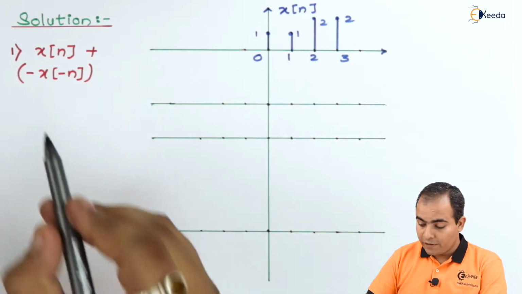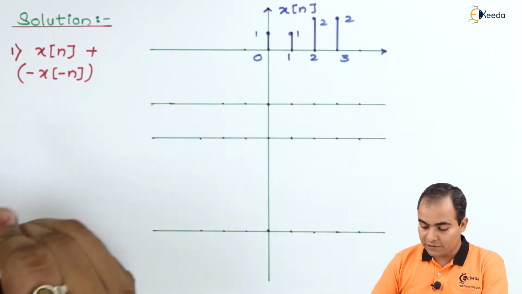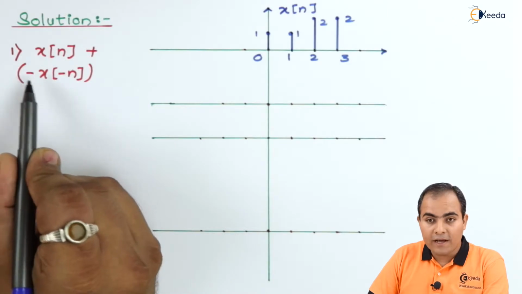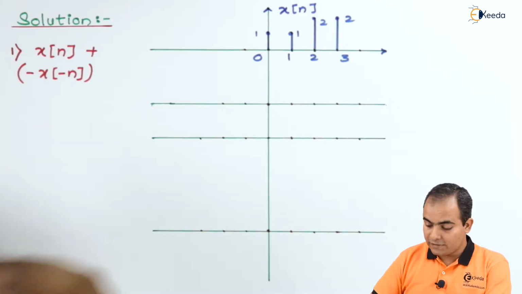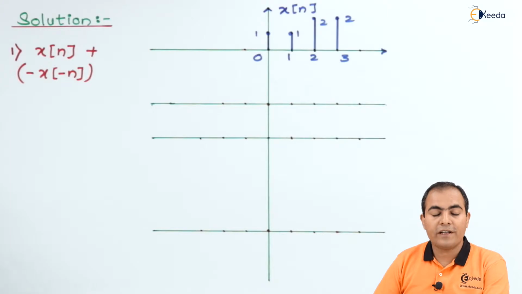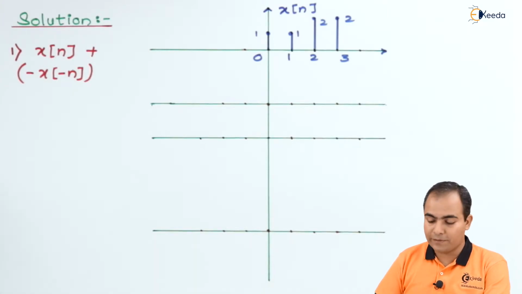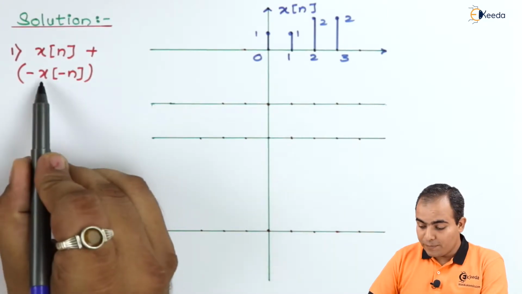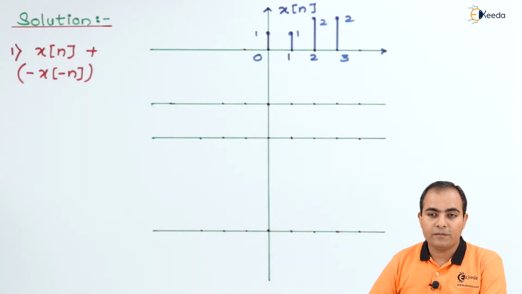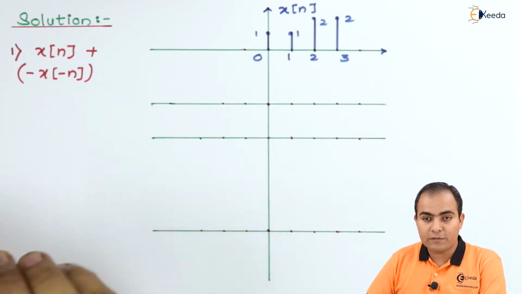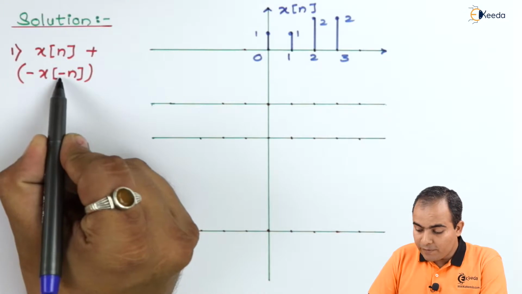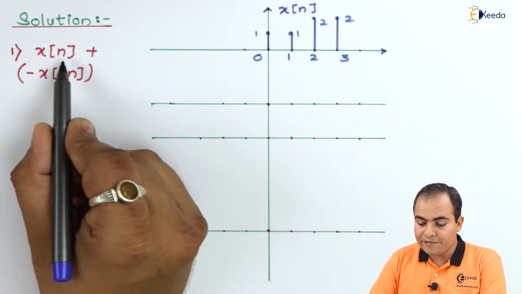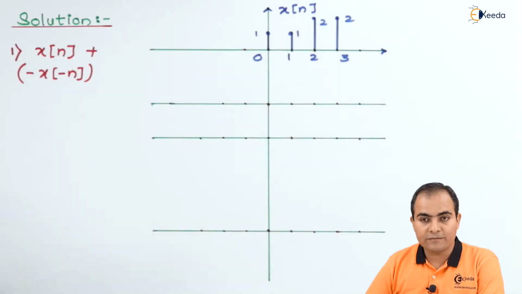Now what we want, first of all, you have two choices. Either you go for amplitude scaling or else the mirror image or time reversal property. You can apply any one of them. First of all, we will use the mirror image or time reversal property. What do you mean by time reversal property? We are going to multiply a minus sign with each and every sample position given in x of n.